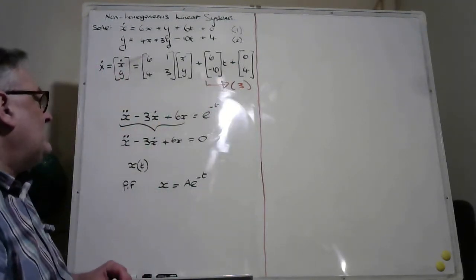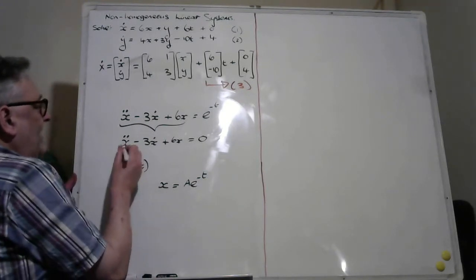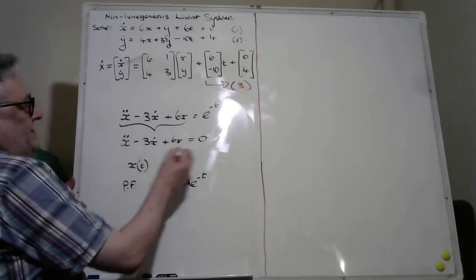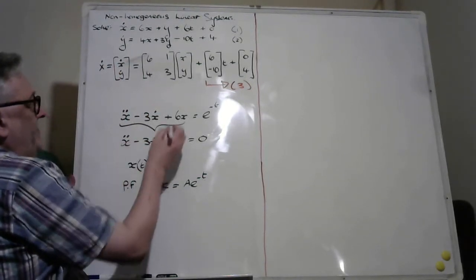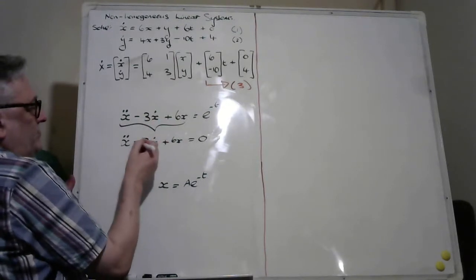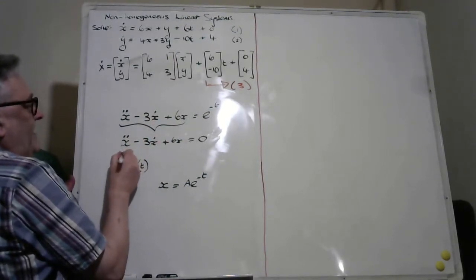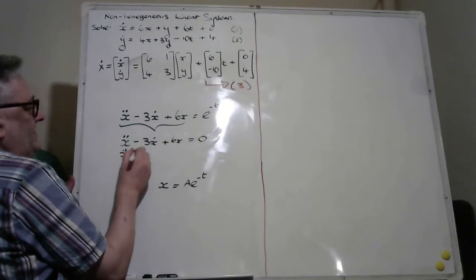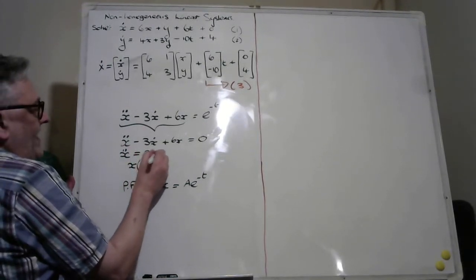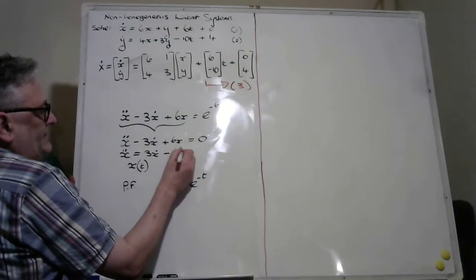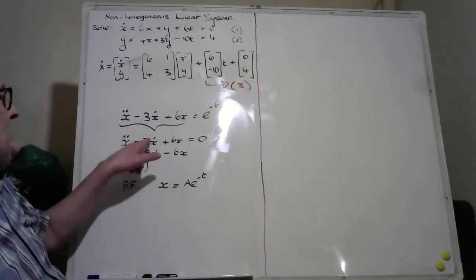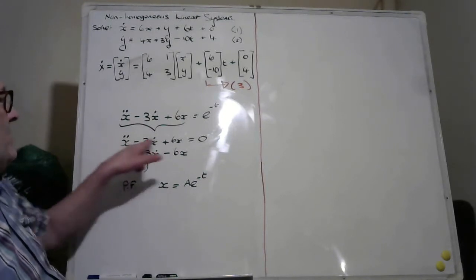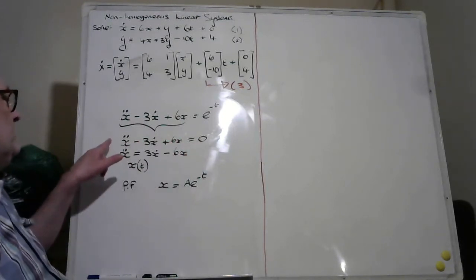It's exactly the same sort of thing, except that this analogy for this system is written with everything on the right hand side brought over to the left. So this could be rewritten as x double dot equal to 3x dot minus 6x, and again, you can solve that by forming it into that type of equation and then solving.